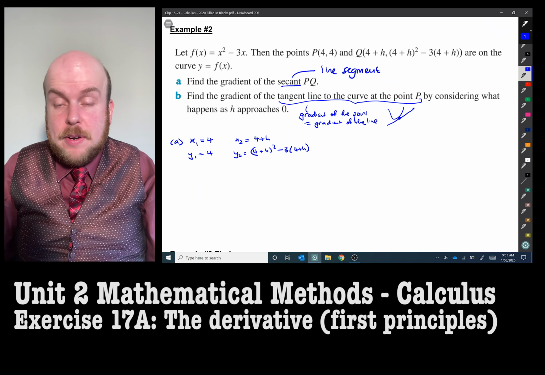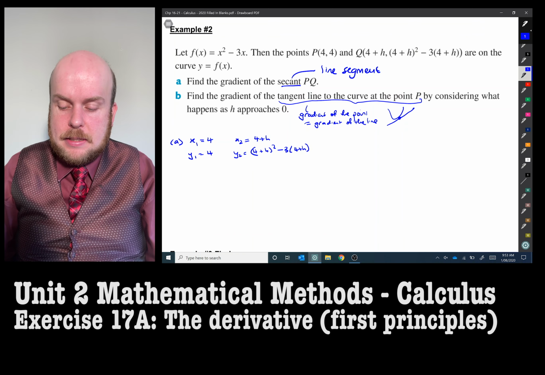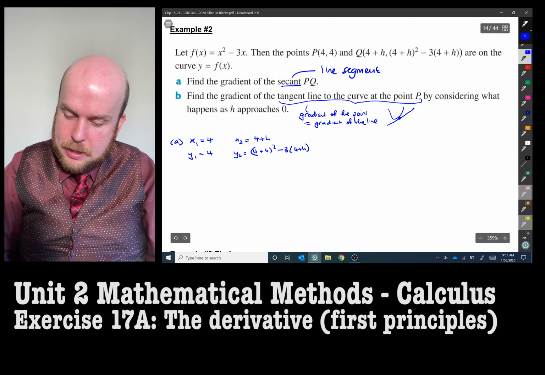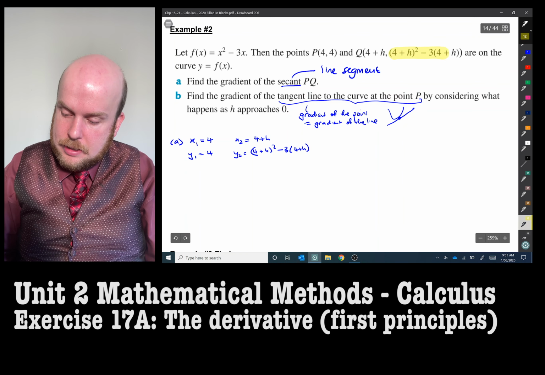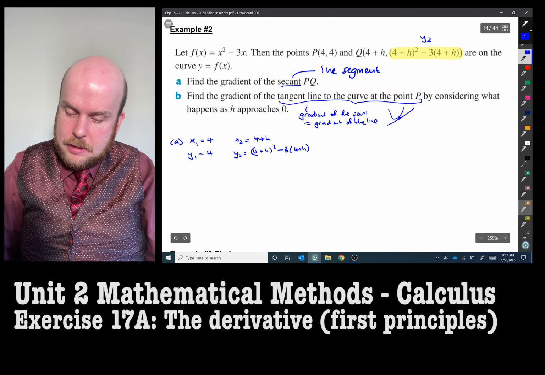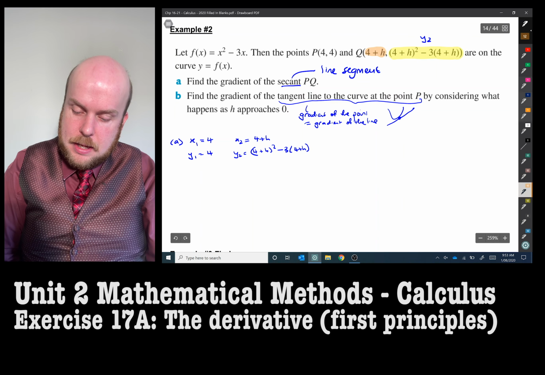A lot of people get very confused when reading this coordinate because it's so many spaces and minuses and things like that. Just remember that everything after that comma is y2, and then this is x2. So just remember that, because that is where a lot of people trip up.